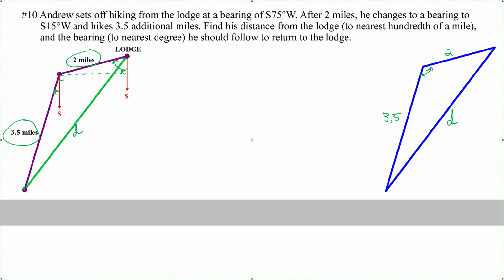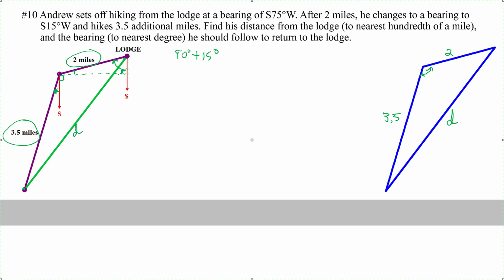So this also gives us a right angle down here. If we're trying to find this missing angle, we know for sure we have the 90 degrees, plus we went from south 15 degrees west, so this little angle here is 15 degrees. And then we need to figure out what this angle right here is.